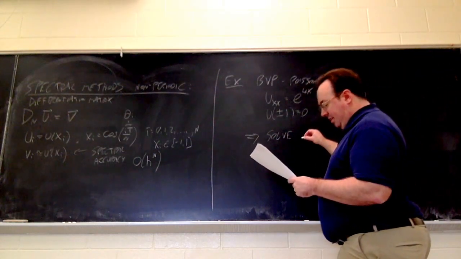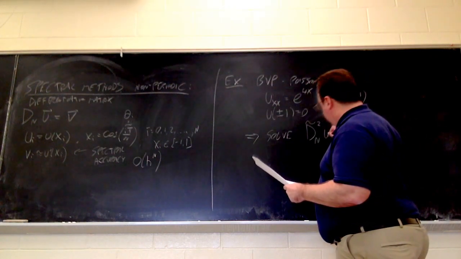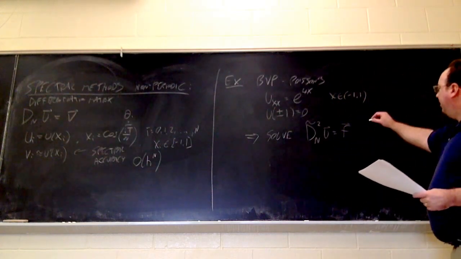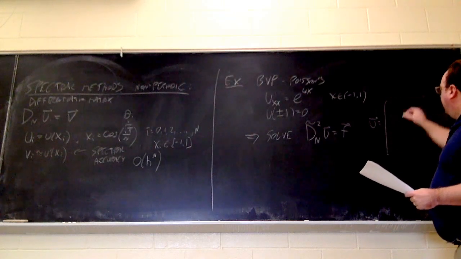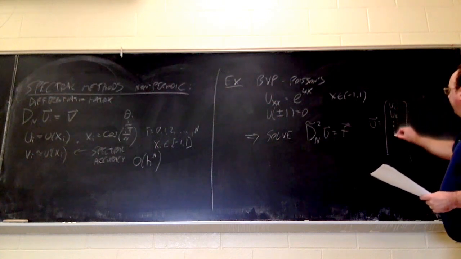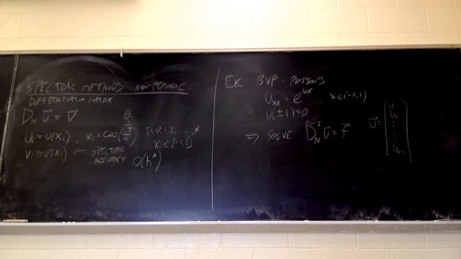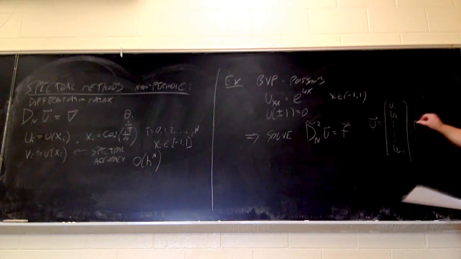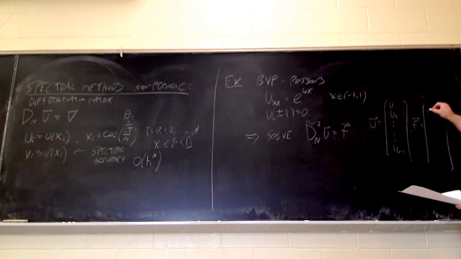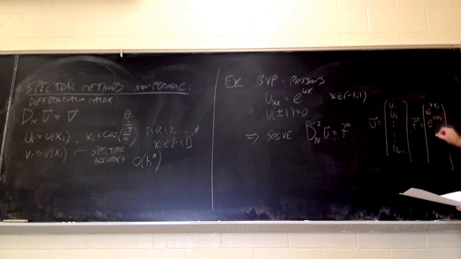You solve D_N tilde squared u is equal to f, where in this case, u consists of the solution values only at the interior points. We remove the boundary points u_0 and u_N at plus or minus 1. The vector f is similar, the right-hand side function evaluated only at the interior points.